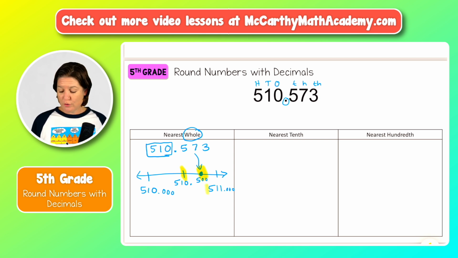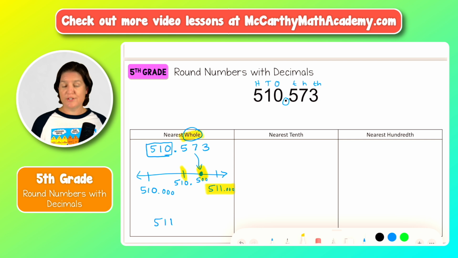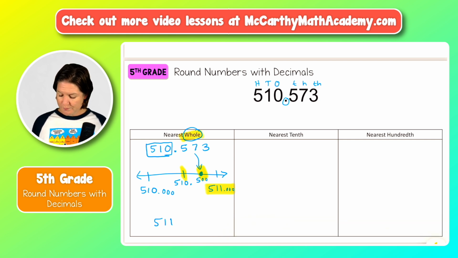That means that we round up. So the answer would be 511. Now, could you have the decimals at the end? Sure, but if a student is just able to say 511, they're really understanding that it is the nearest whole number. Cool.